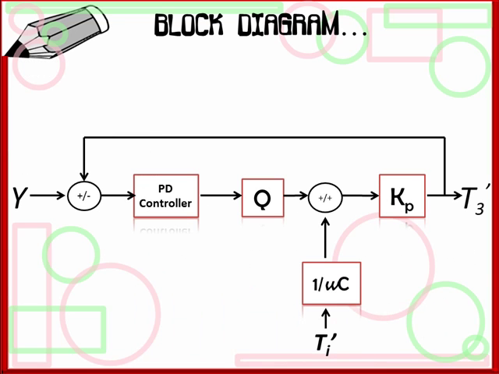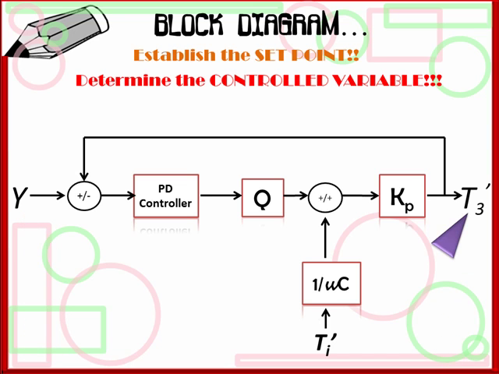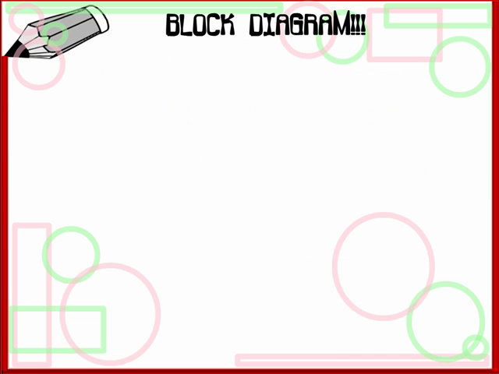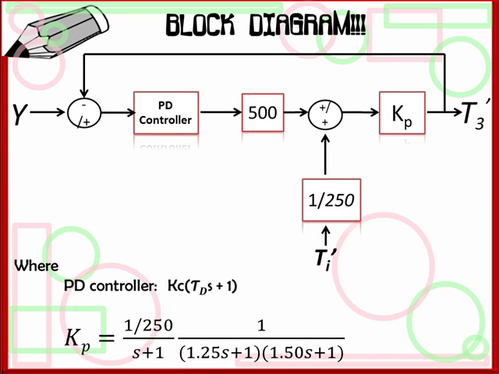In drawing the block diagram, first, we establish the set point, determine the controlled variable, place the controller after the set point with a summing junction that connects them, and the feedback, adding the heat, Q, the disturbance, and the process transfer function.